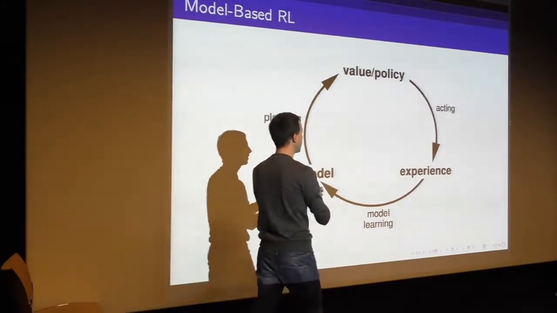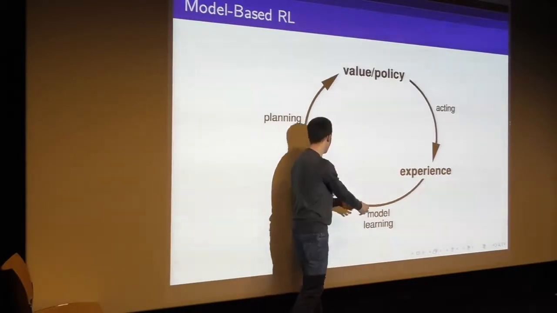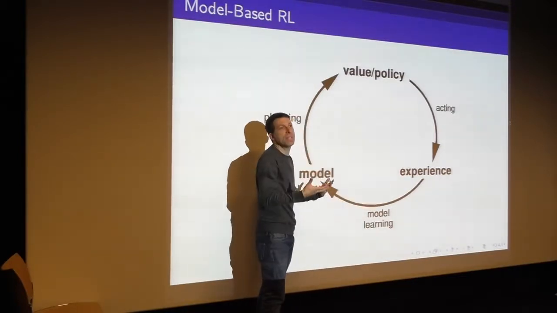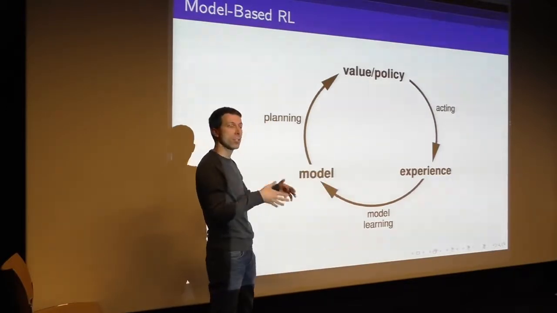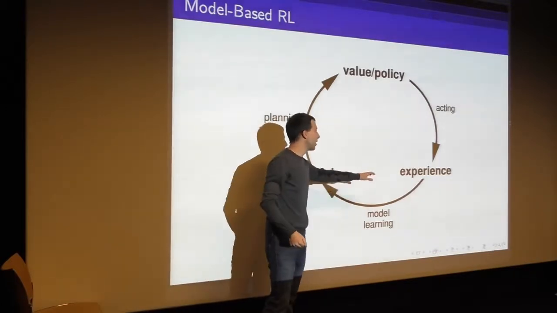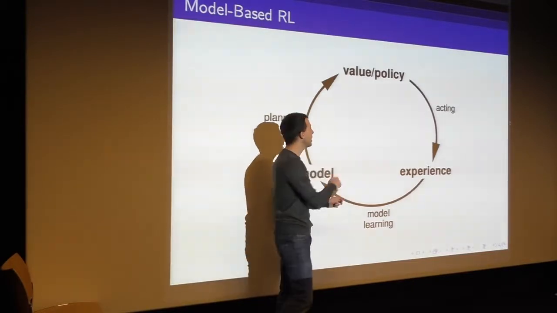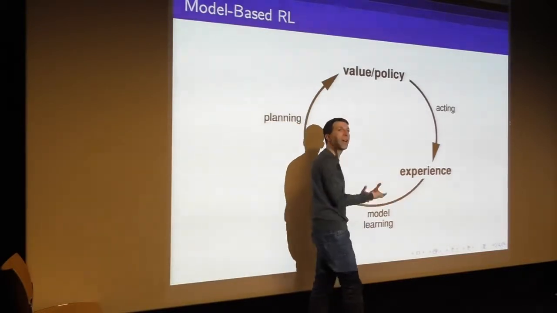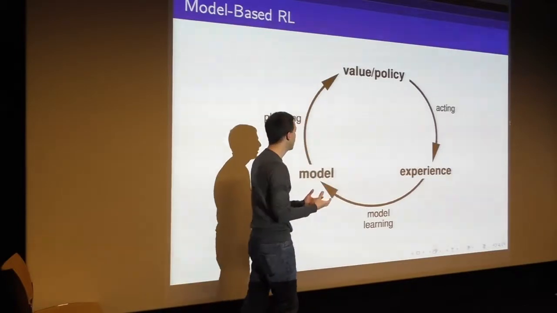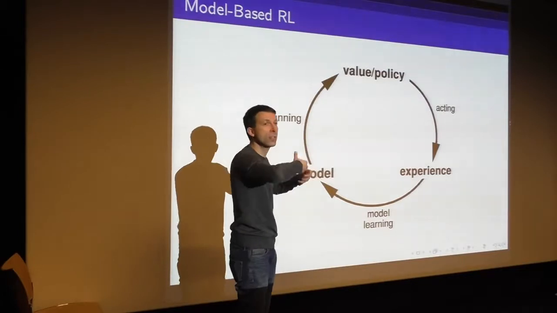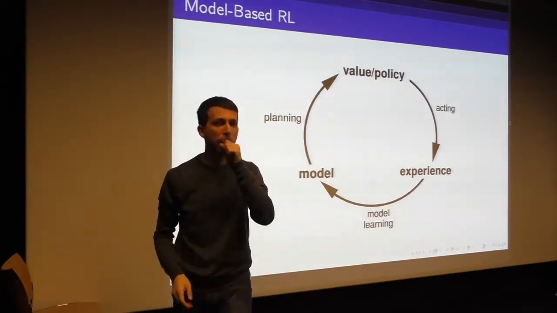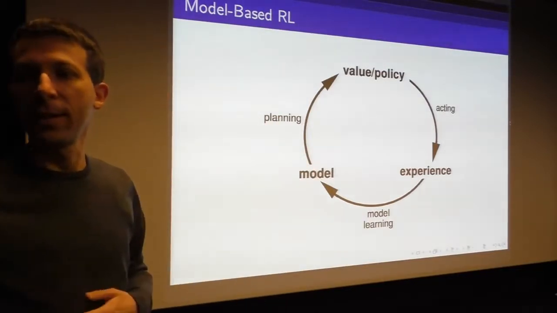So you can think of this as learning an MDP model, and then here, plan is like solving that MDP, like doing our dynamic programming or figuring out the optimal value function or the optimal policy for the MDP that we believe we're in. And then each time you see more experience, you might update your estimate of what MDP you think you're in, so that now when you solve it again, you end up with better actions and do better and better in the real world. So that's model-based reinforcement learning.